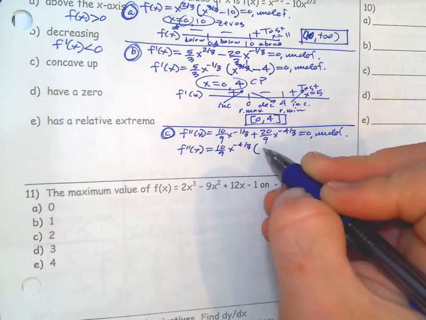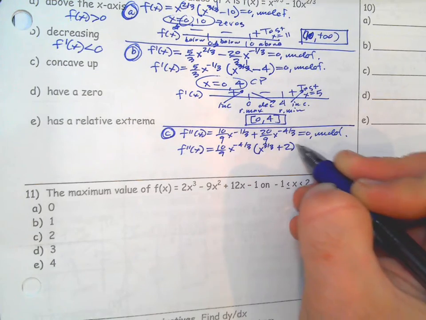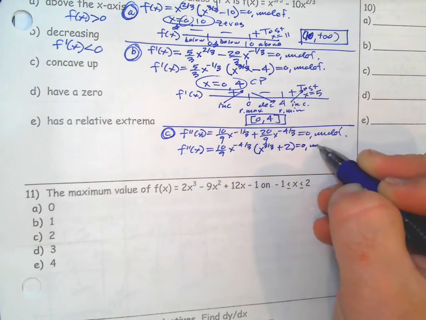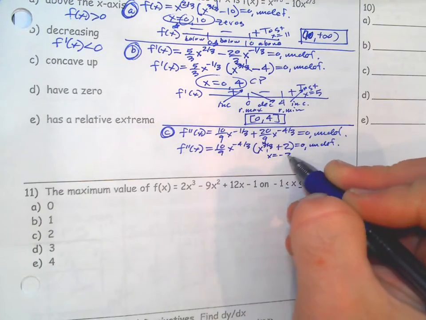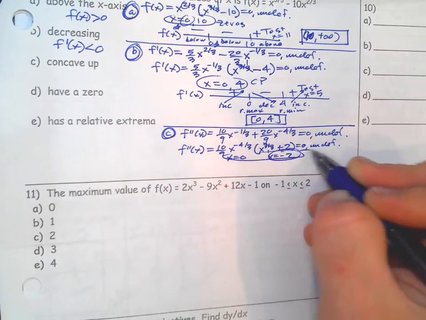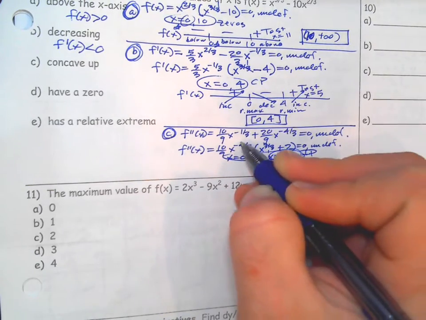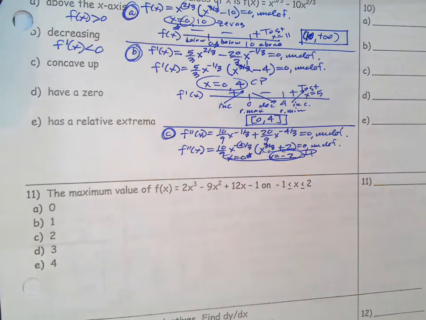This is going to give you x to the 3/3 plus 2. Usually it works out really nice if you factor out the right thing, like on the inside of it. That's just a 1, so that's x equals negative 2, x equals 0. This is an inflection point. This one is not an inflection point because of that even numerator in the exponent. So it's going to bounce off the graph.